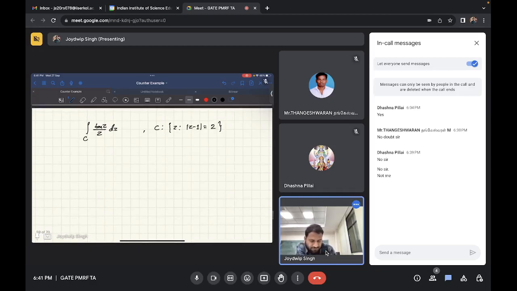This you can do by Cauchy's residue theorem. So for that you have to find what are the poles inside this contour.